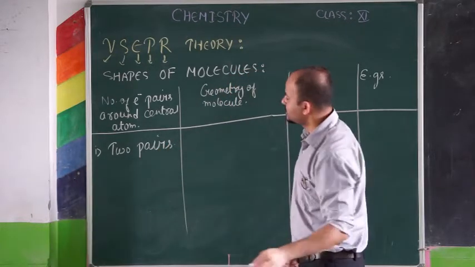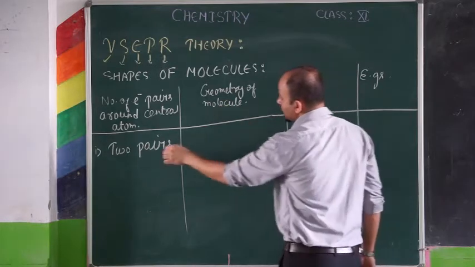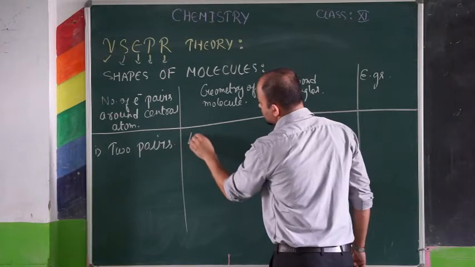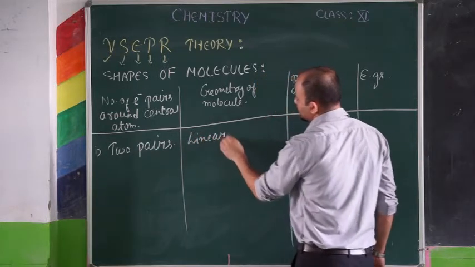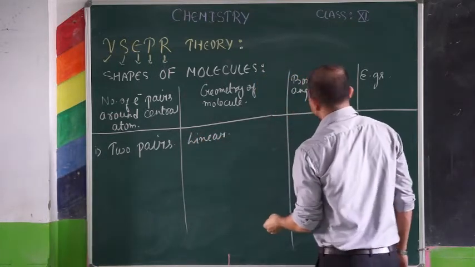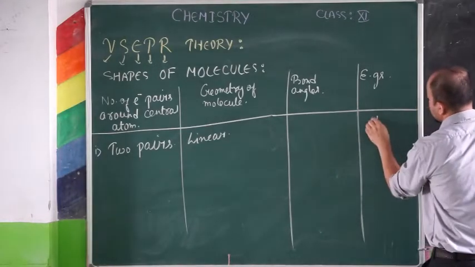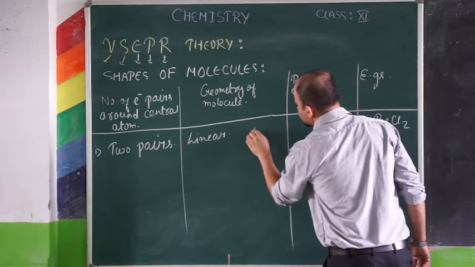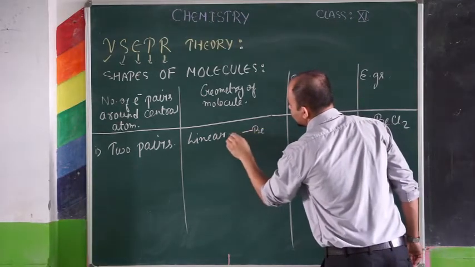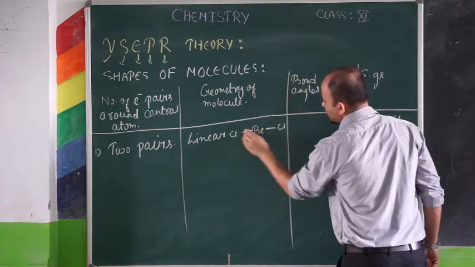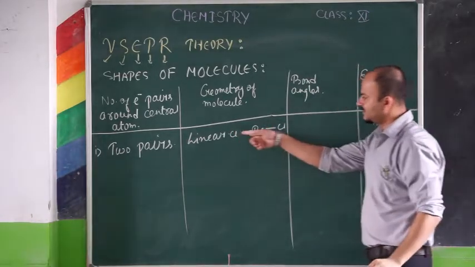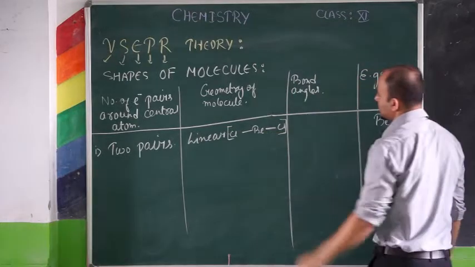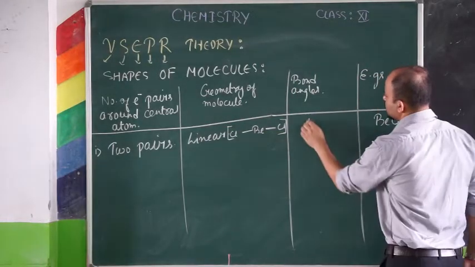Whenever you have two pairs, and if lone pair is absent, then the structure of the molecule will be linear. For example, beryllium chloride has a linear structure. Can you see this? It looks like a line. And the bond angle here is 180 degrees.